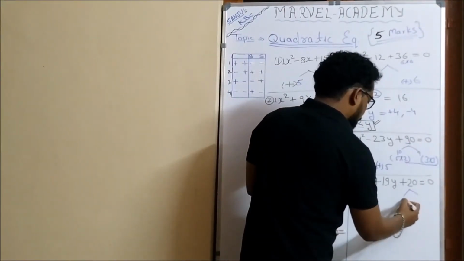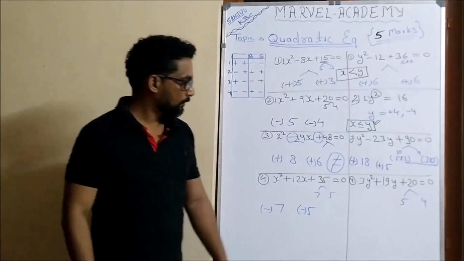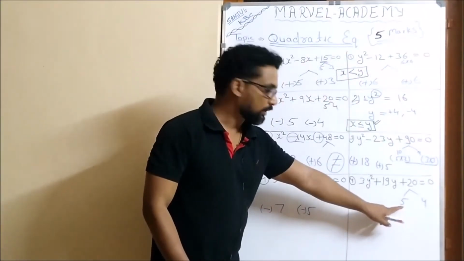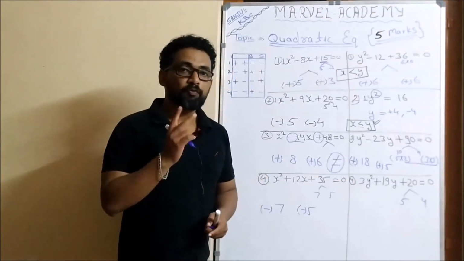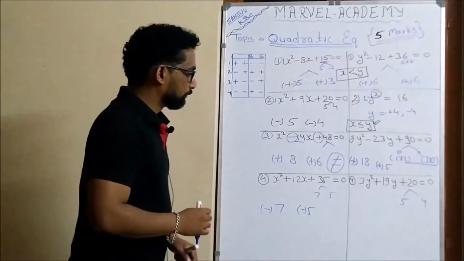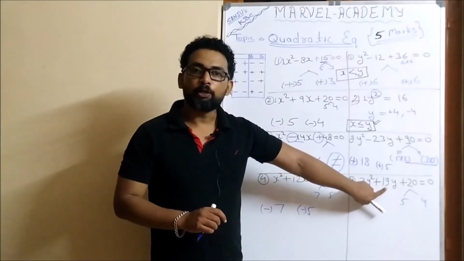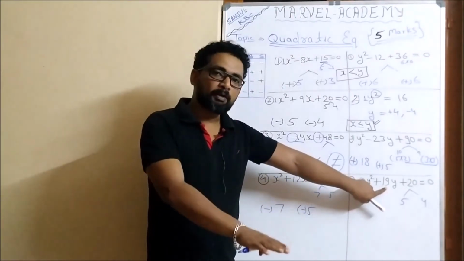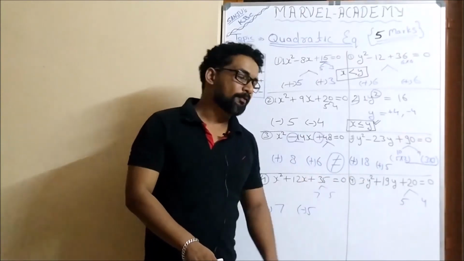Factor of 20 would be 5 into 4. Okay, our values are 5, 4 and 3, and we have to make two factors so that the addition should be 19. Okay, and remember one thing, if the middle value is an odd number, one factor would be odd and another factor would be even.